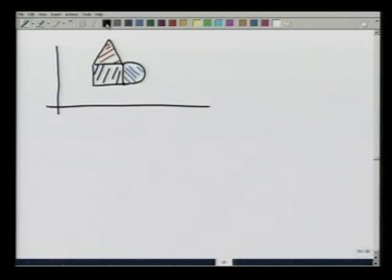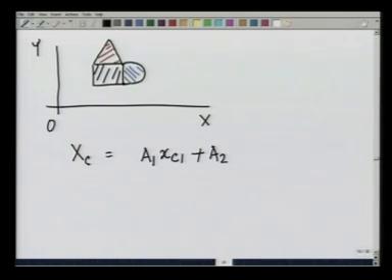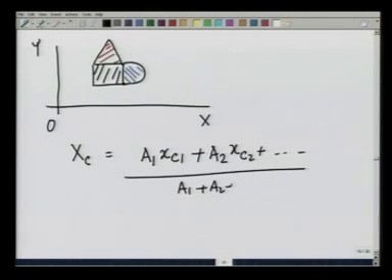Then it is very simple to prove that if I want to calculate the centroid of this whole system, then xc of the entire system would be equal to the area of system 1 times its centroid plus the area of the second area times xc2 plus and so on, divided by the total area. That means, in this case, if I consider the square to be area 1, then xc1 is known.